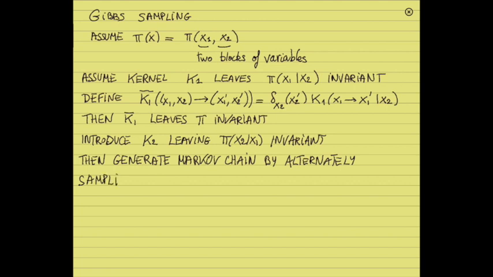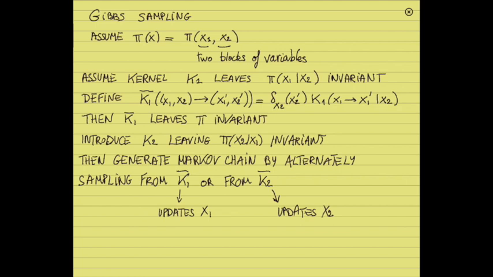Whenever we sample from K1 bar, we update the x1 component of the chain. And when we sample from K2 bar, we update the x2 component of the chain. And so overall, of course, we need to update all of the components of the chain if we want the chain to converge to stationarity from an arbitrary starting point.